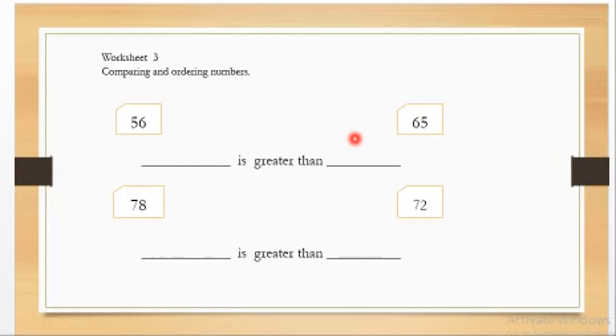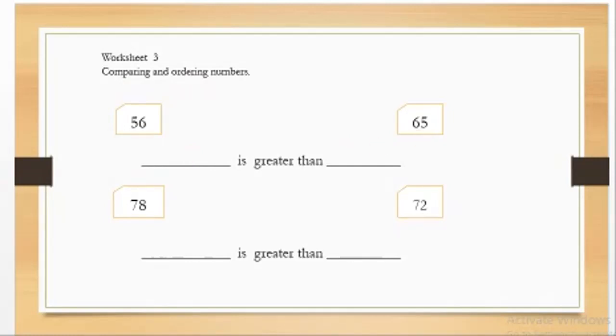The blank given here is dash is greater than dash. They're asking which number is greater than the other number. Which number am I going to put here? Is it 56? No, yes, it's 65.